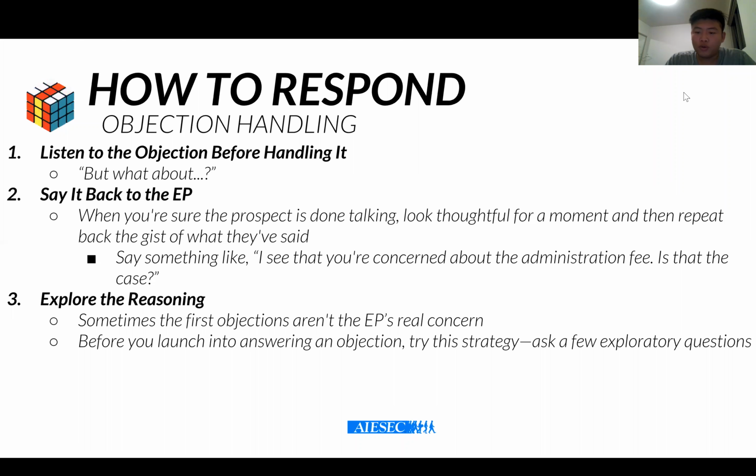Making sure you understand where the EP comes from is always the first step to being able to successfully handle that exchange, and successfully get the EP to see what Isaac can do and what they can gain out of Isaac as well.